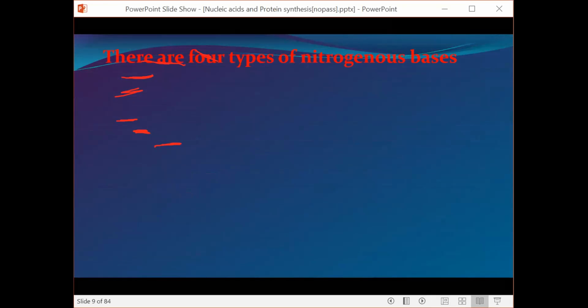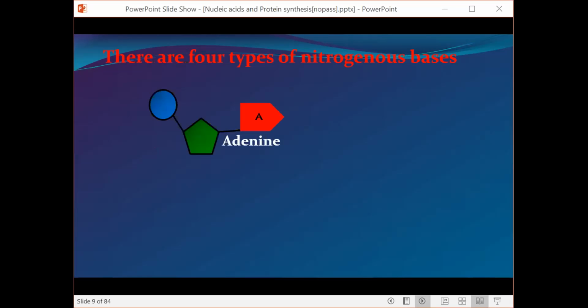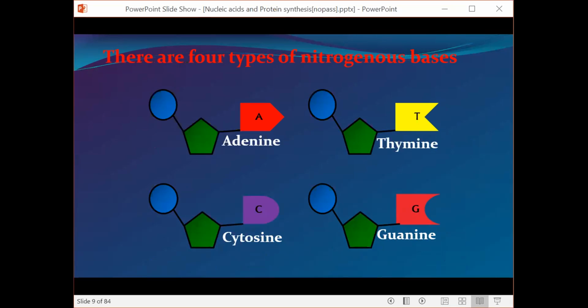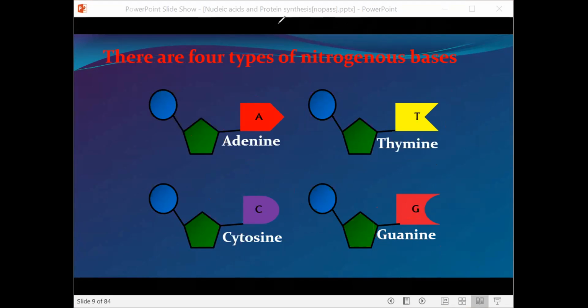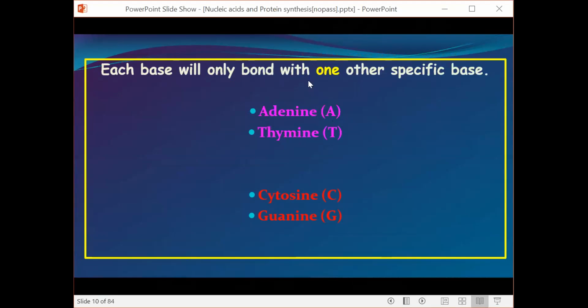Now base pairs we got it. Now the types of nitrogen bases that are attached: adenine, this is one. Then there is cytosine, thymine, and guanine. As I had explained, this one and this one are purines, and this one and this one are pyrimidines.